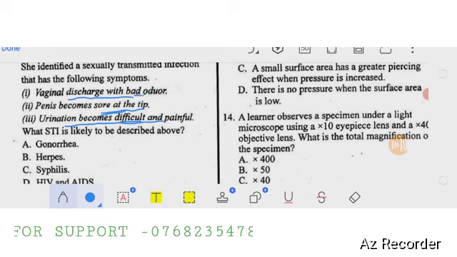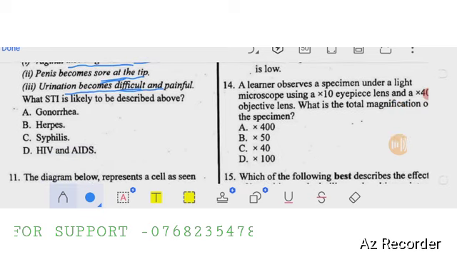So anytime you see urination becomes painful and difficult, the penis has sores at the tip, and vaginal discharge with bad smell, the answer is always gonorrhea. Because for herpes, the distinctive sign and symptom is blisters. For syphilis, we talk about painless sores, and HIV is a general one, and that has many signs and symptoms.